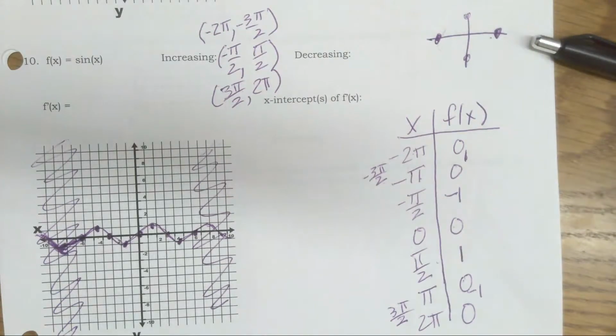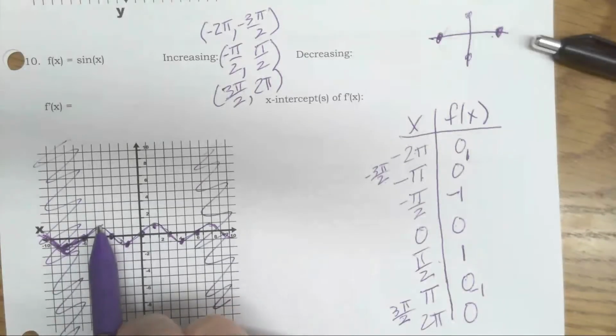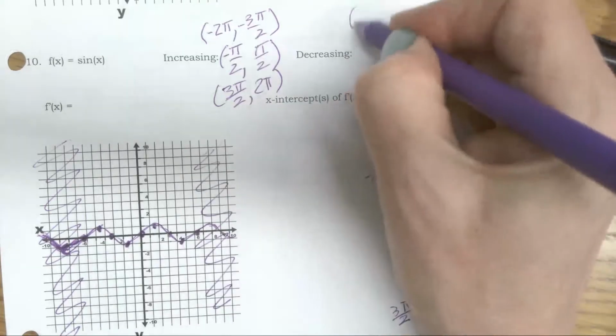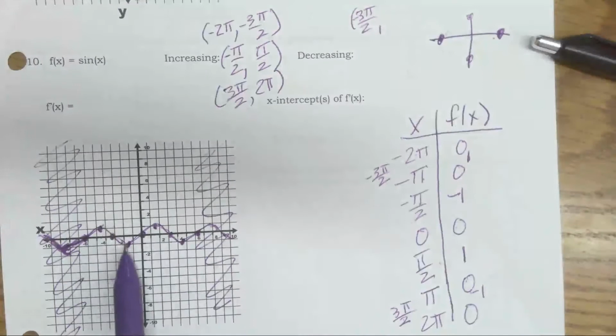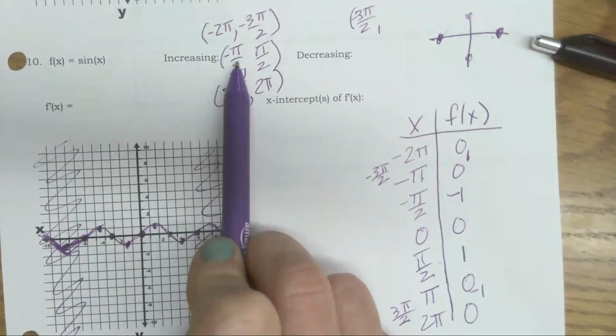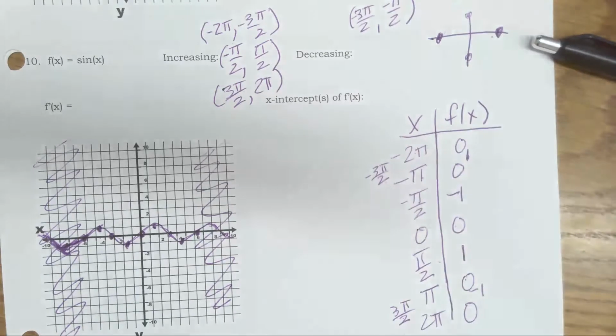Now where is it decreasing? Yeah, from this point here, so from where this stopped, from negative 3 pi over 2 up to negative pi over 2. Oops, sorry.